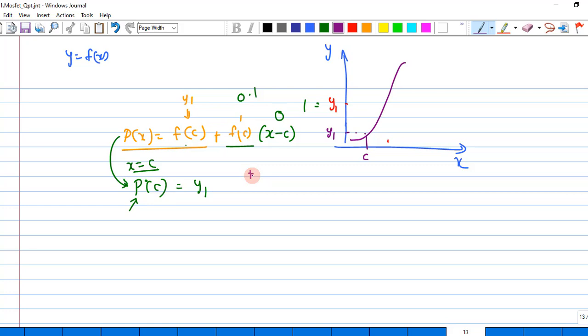Can I go with a single derivative? A single derivative will give only the slope. But if you want to read the curvature, what order of derivative do you require? A second order. So I can add the second order derivative around the known value of c, and use the same phenomenon, because at that spot I don't want the second derivative to disturb the known value, due to which I multiply by x minus c.